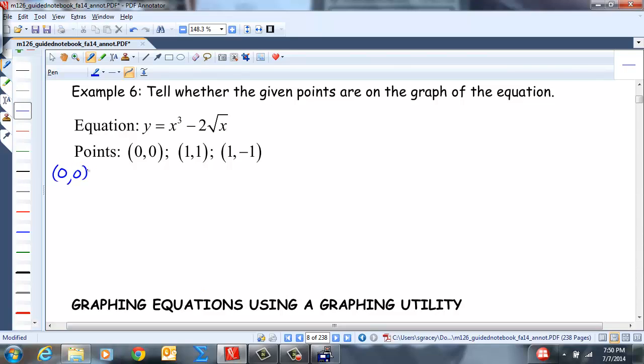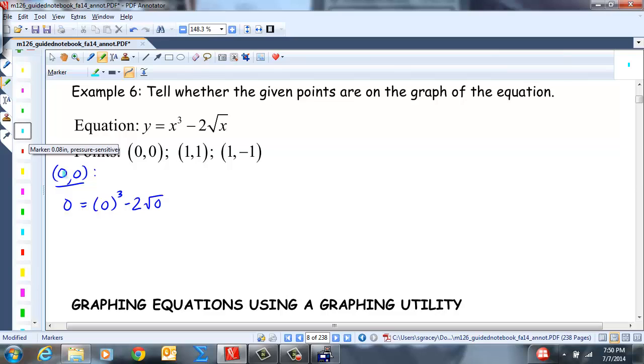(0, 0). So I'll be plugging in a 0 for x and a 0 for y in this case. So I'll have 0 equals 0 cubed minus 2 times the square root of 0. Just to make sure you're on board, these are the x's in the equation, so these zeros are what I plugged in for x.